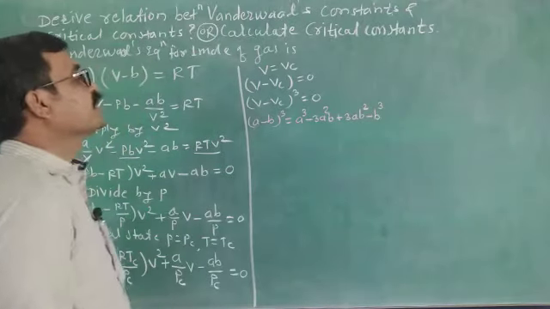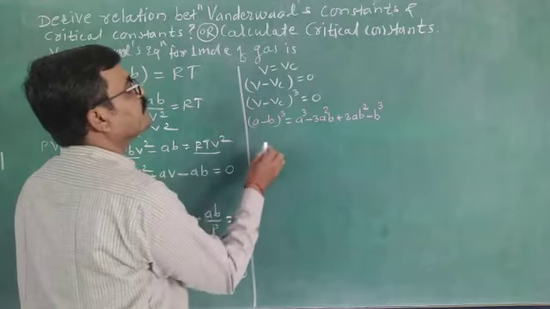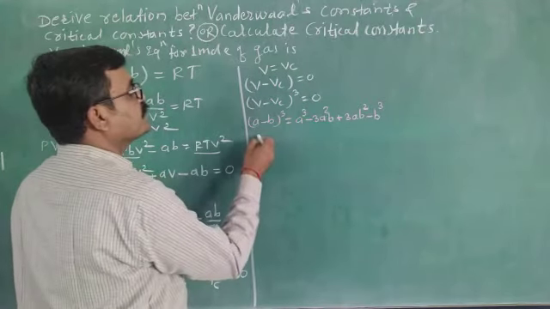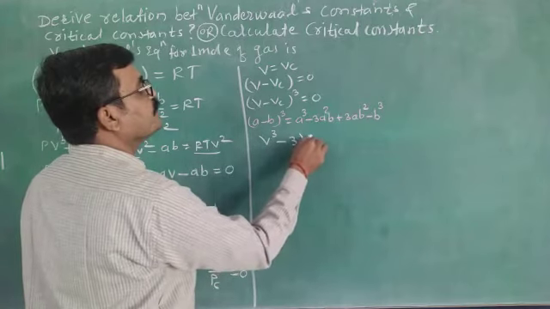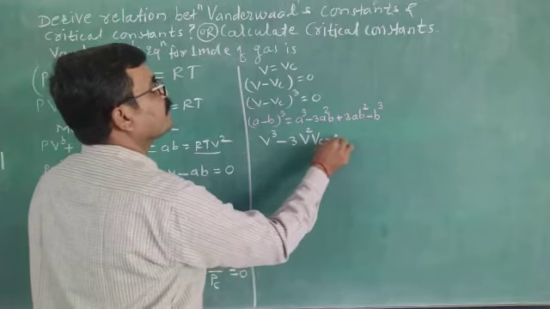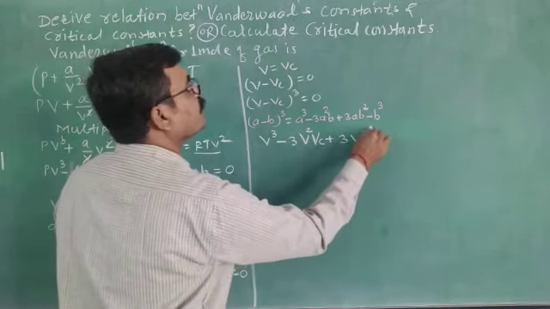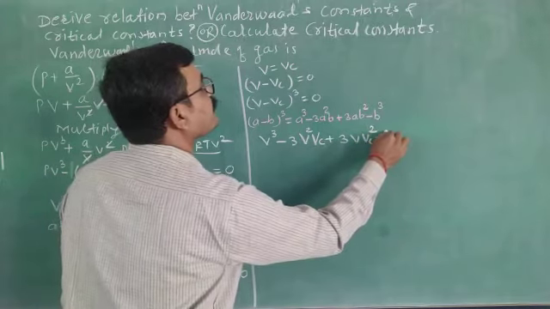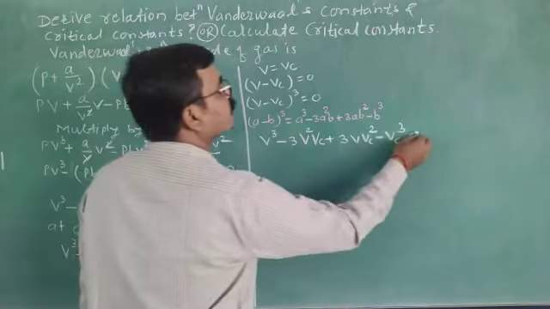In the same fashion, (V minus VC) cube becomes V cube minus thrice V square into VC plus thrice V into VC square minus VC cube, that is equal to 0.